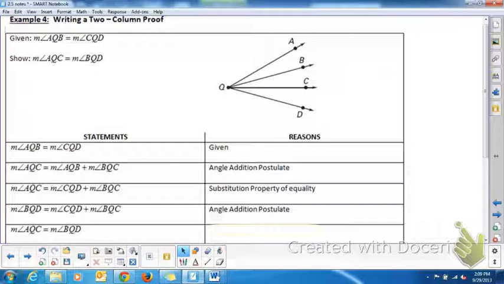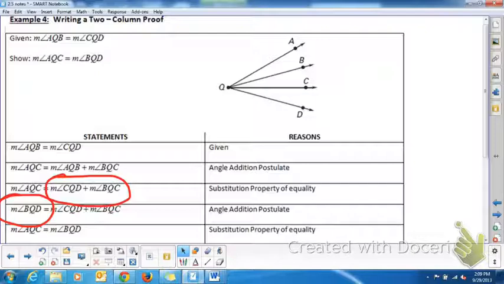How did we do this? We used substitution. We took this out and put this in its place. Substitution.